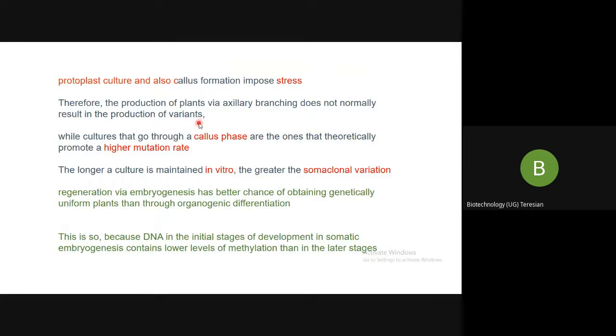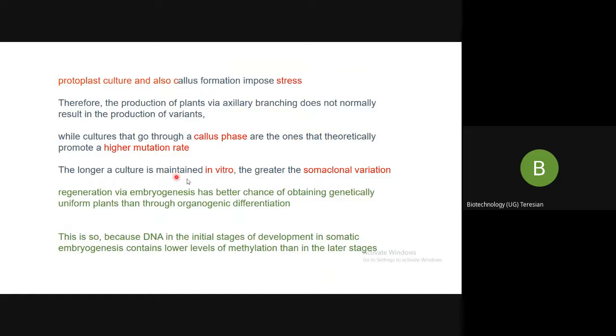So if I don't want any variants, let me go for axillary branching, which is less stressful. While the cultures that go through the callus phase are theoretically the ones that promote a higher rate of mutation. Okay, so the callus is the one which is more prone to mutation.